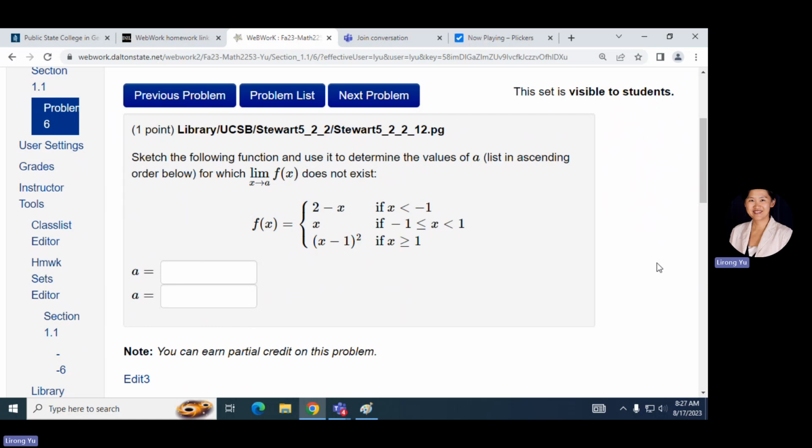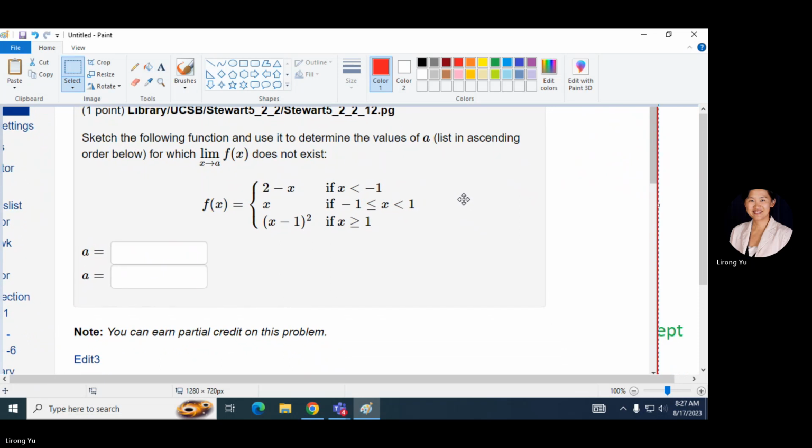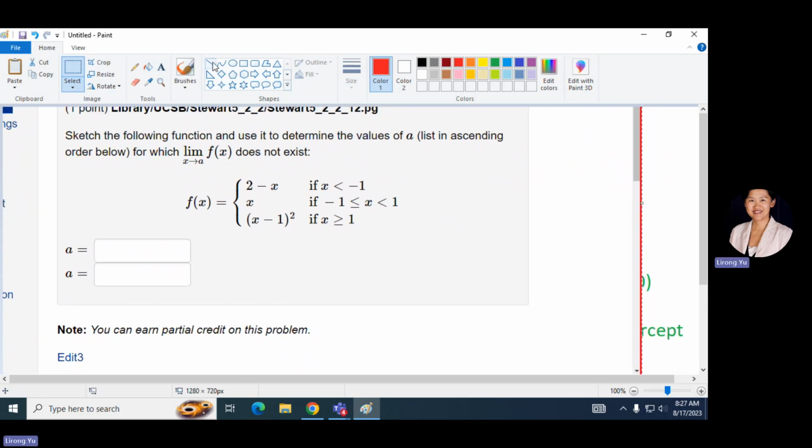My drawing will not be great today, but let's do it. First we draw the axes, y-axis and x-axis. The function is piecewise defined.